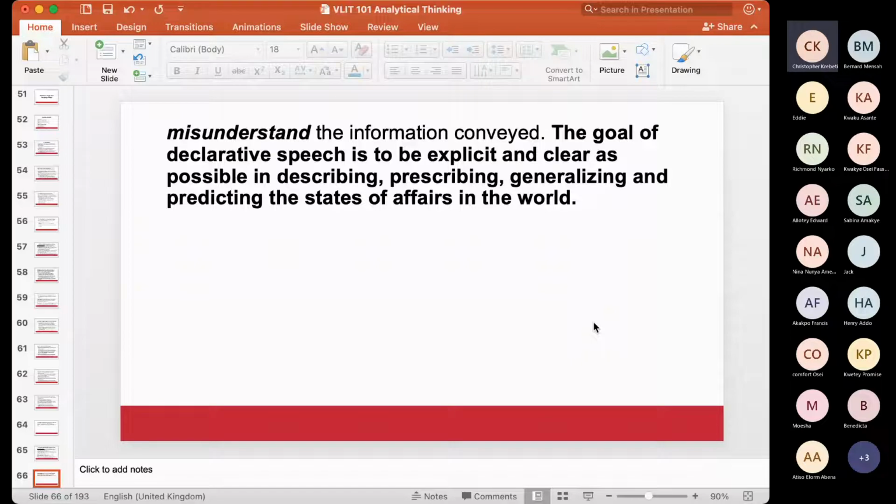So the goal of declarative speech is to be as explicit and clear as possible in describing, prescribing, generalizing, and predicting the states of affairs in the world. You have to be clear. That is why we talk about declarative sentences or declarative speech.